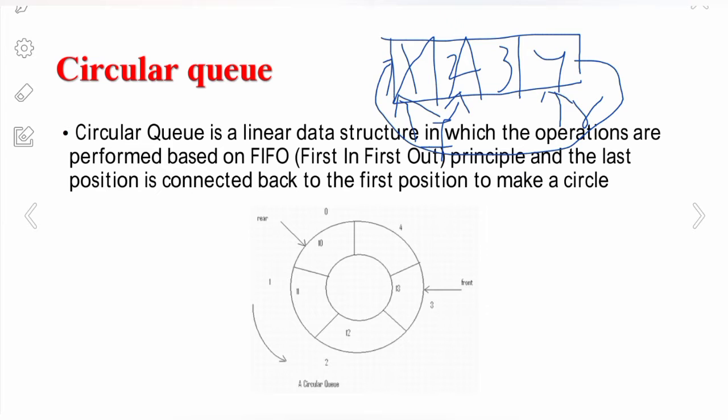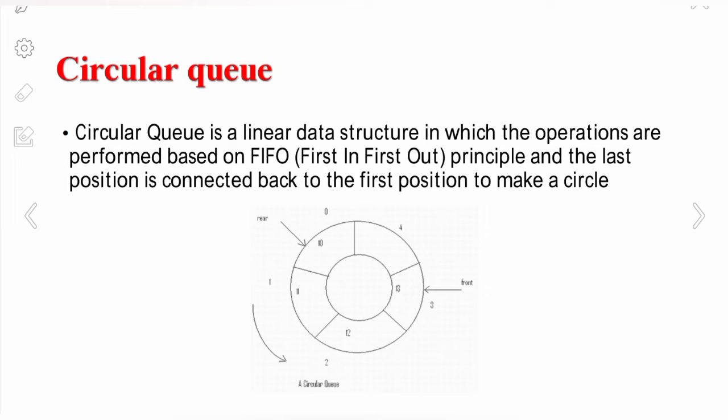Similar to the normal queue, here also we are going to perform the insertion and deletion operations, that is the NQ and DQ operations, using the circular queue. To perform the NQ and DQ operations, we have a formula: rear equals rear plus 1 modulus n. This is the formula to insert a data item.